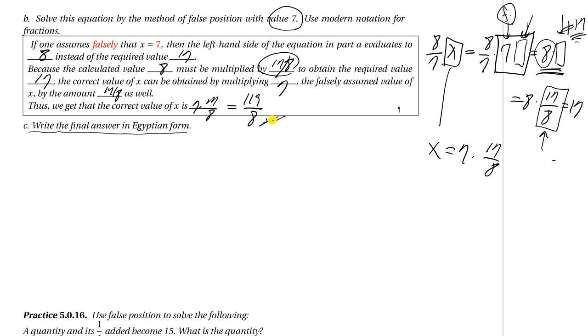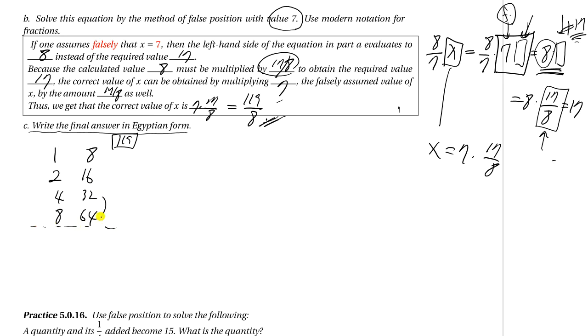So to calculate 119 over 8, we have to do 1 and 8, right? And the doubling method: 16, 32, 64, and double of 64 is 128, which is greater than 119. So we start there, right?